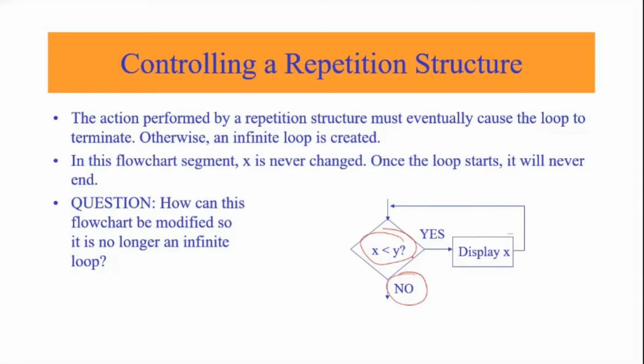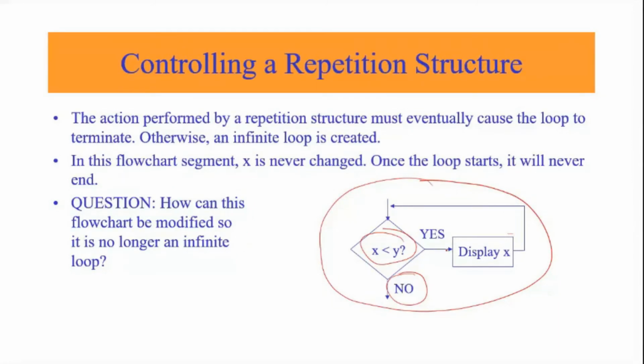That is the only way that we can end a loop. Otherwise, we will have to break our program. So in this particular condition, x is never changed. Here is a small question: how can this particular flow chart be modified so that it is no longer an infinite loop?